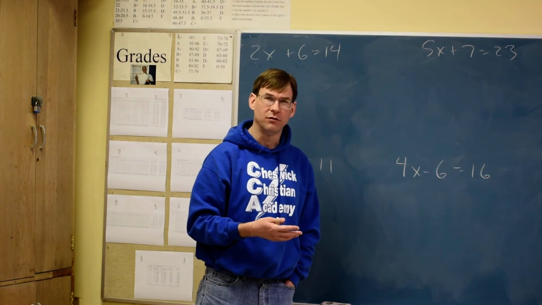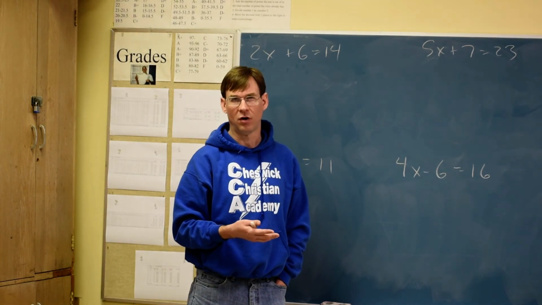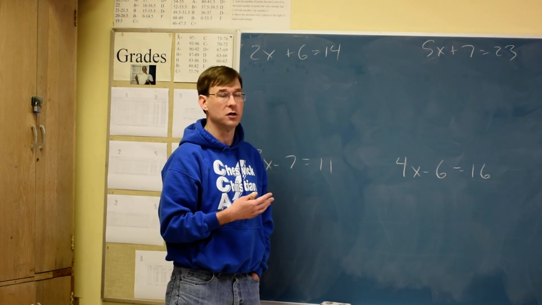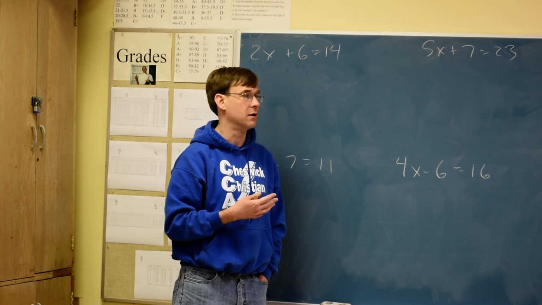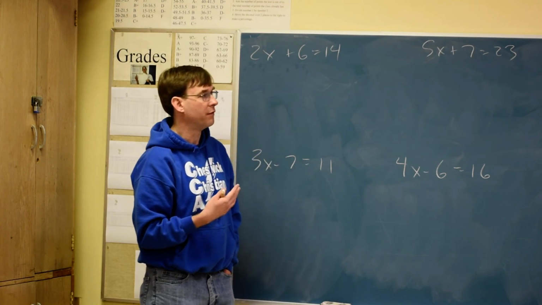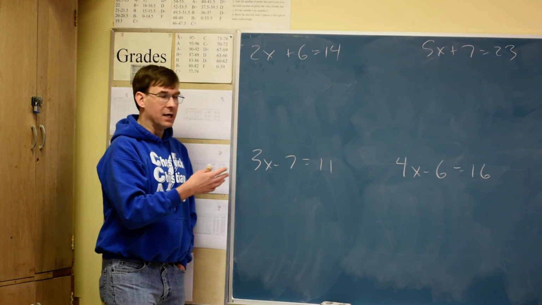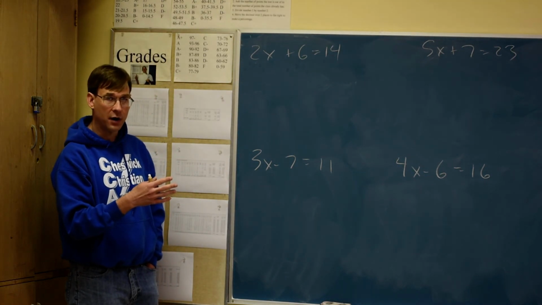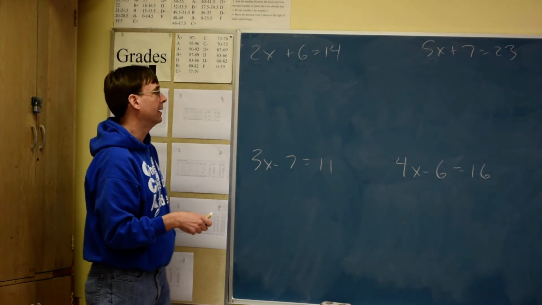There's no powers involved today, there's no parentheses involved today, and someday we'll get into those things, not as 7th graders, but as 8th and 9th graders together. But for now, today, just run the order of operations opposite. We're going to go add, subtract first, multiply, divide second.